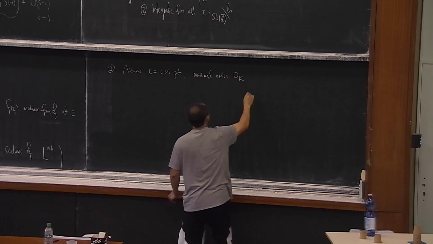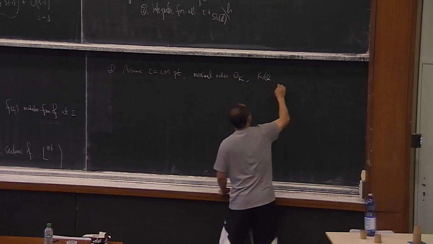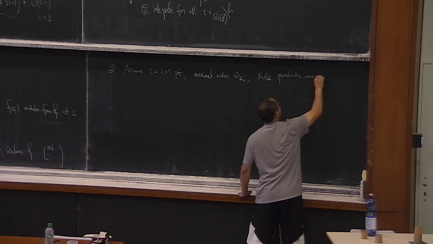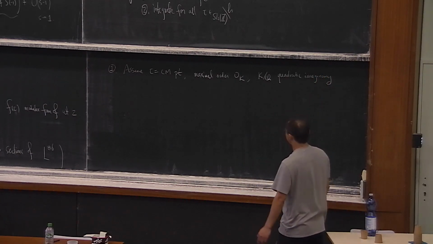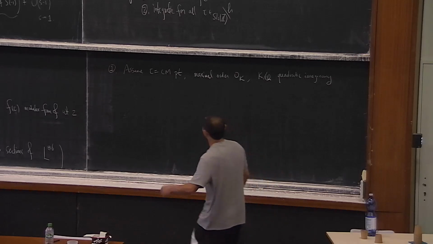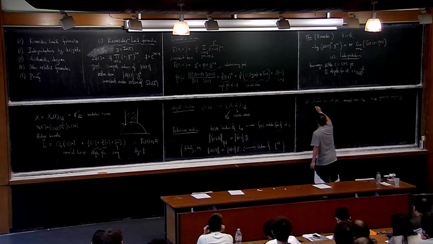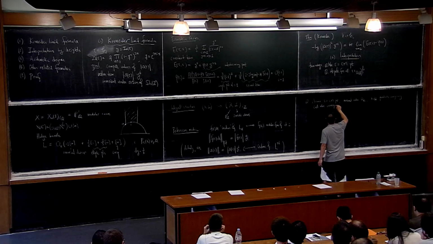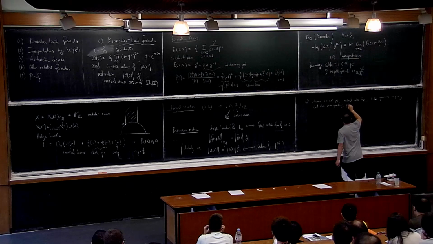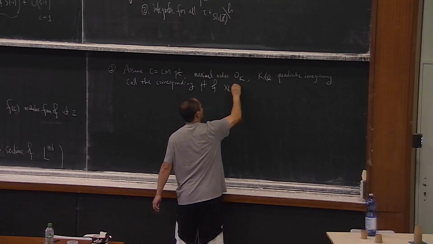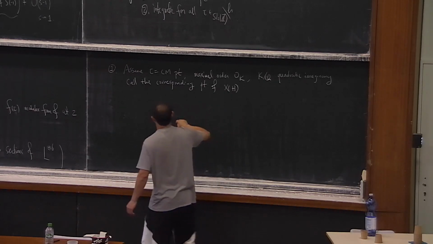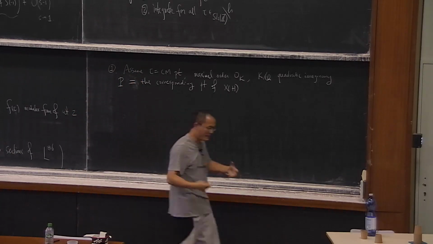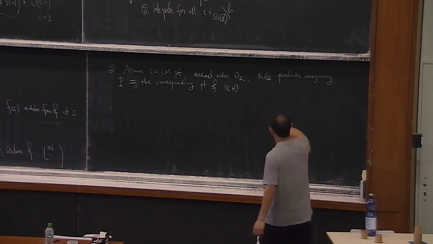So K over Q is imaginary quadratic. In that case, we call that point P. P is the corresponding point in X_H, where H is the Hilbert class field.